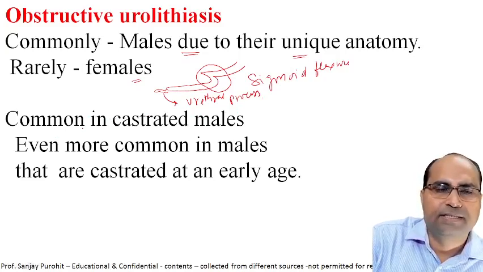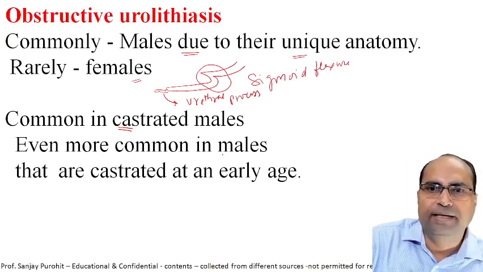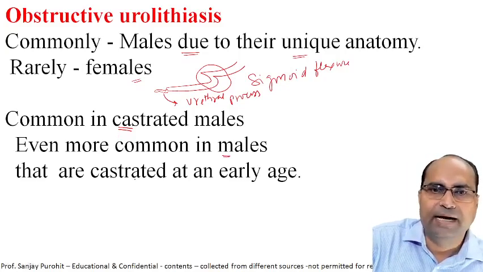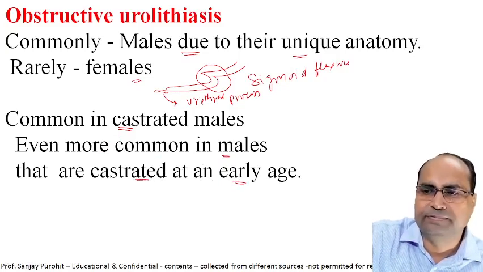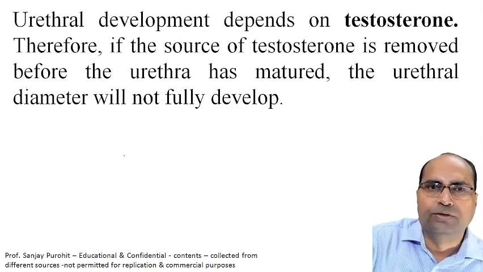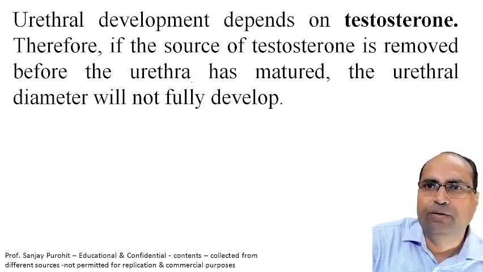Obstructive urolithiasis is common in castrated animals, even more common in males that are castrated at an early age, because urethral development depends on the testosterone hormone.